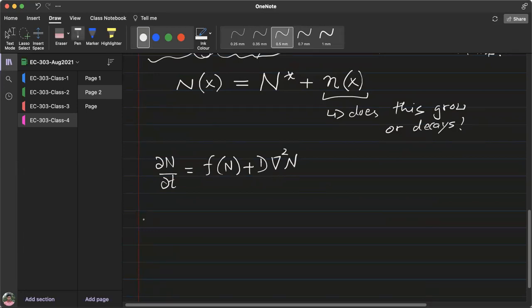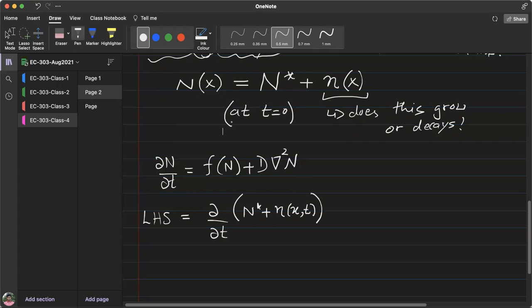For the left hand side, what is it? ∂/∂t of n star plus n of x. Now of course this n of x will depend on time. So this was at time t is equal to 0, right? This perturbation was introduced at time t is equal to 0.